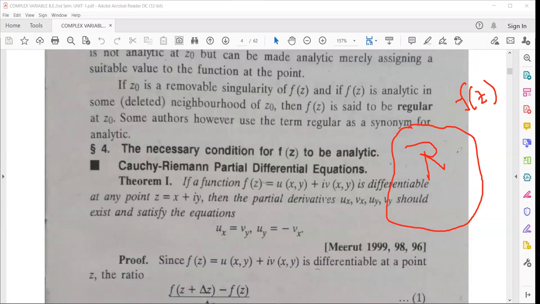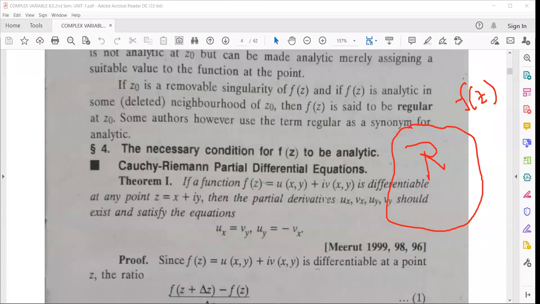Can you tell me, anyone? Obviously, you have an infinite number of values of z here.